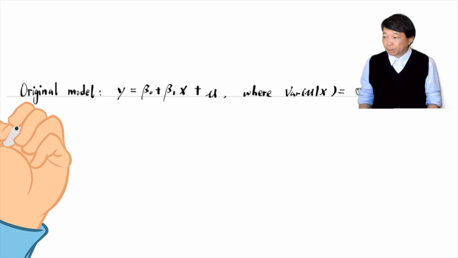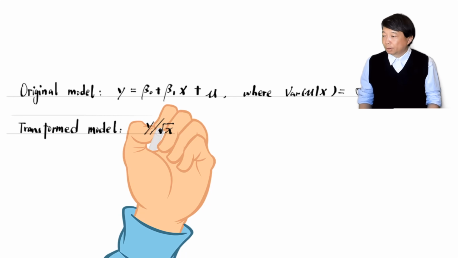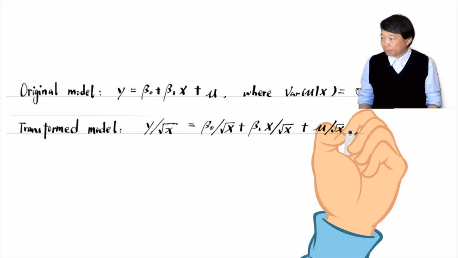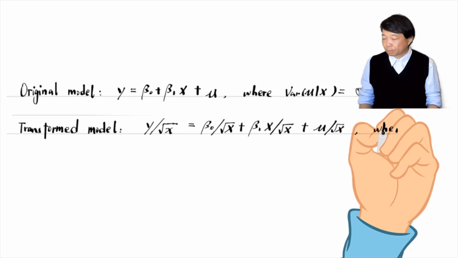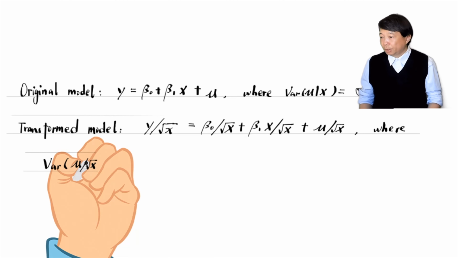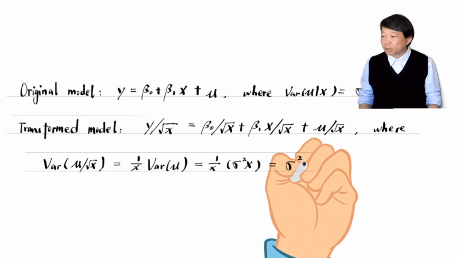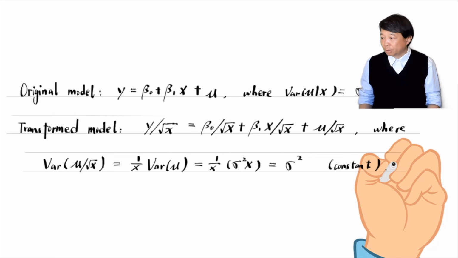Suppose the error variance equals sigma square times x. The transformed model looks like this. All terms are divided by the square root of x. So the variance of the transformed error term is a constant, sigma square.